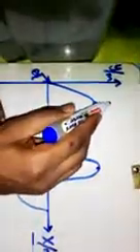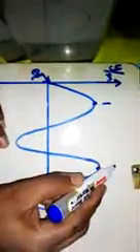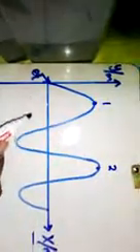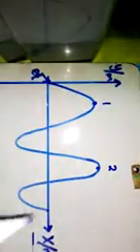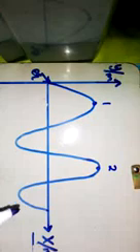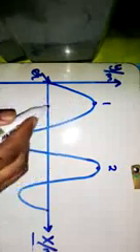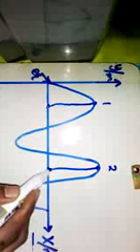Therefore, this is the first point, this is the second point. Are they at the same distance from equilibrium position? Yes. From equilibrium to this point is the same.